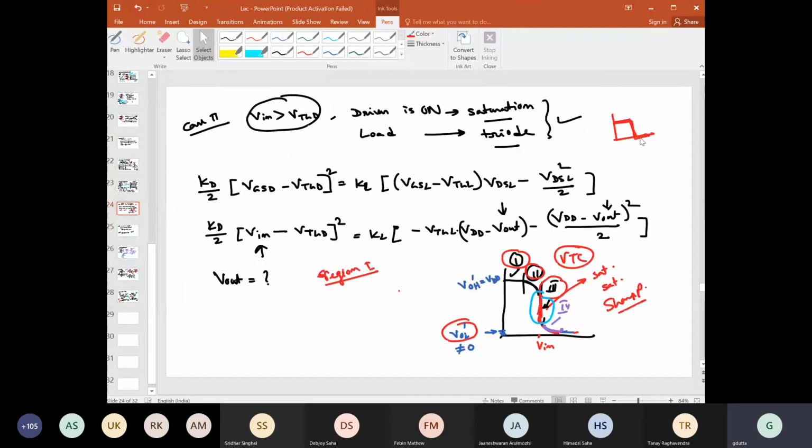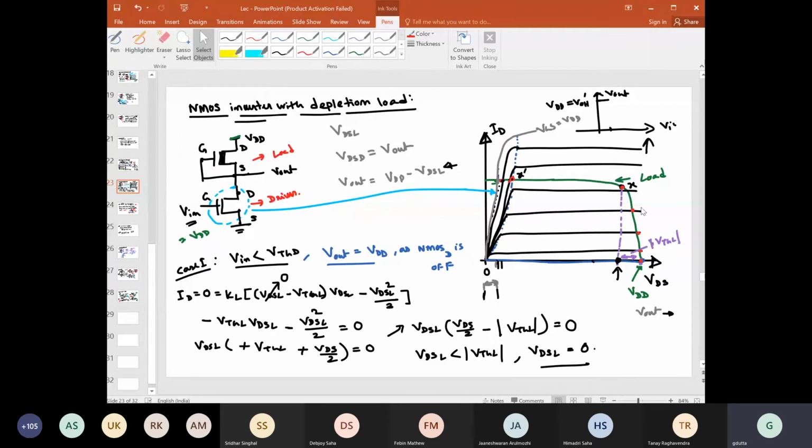We will try to understand it a little more, graphically first, why you get the VTC, using the procedure that we used for our earlier inverters. So you follow the same process and go from here till the VTC.